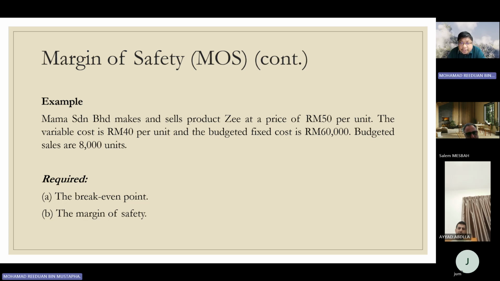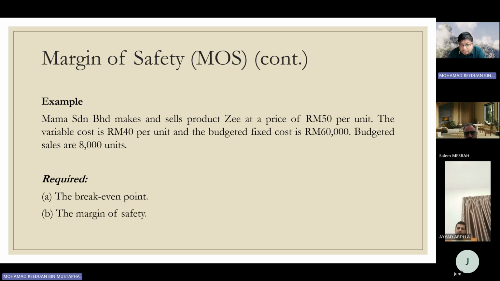Budget sales minus break-even in terms of units. So how much is the budget? Budgeted is 8,000, correct? 8,000 minus 6,000 becomes 2,000 units. So the margin of safety in units is 2,000.